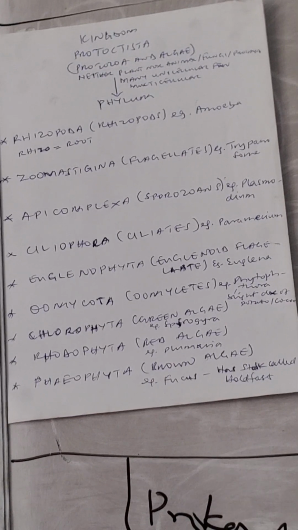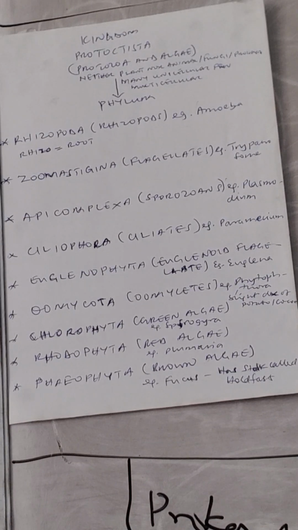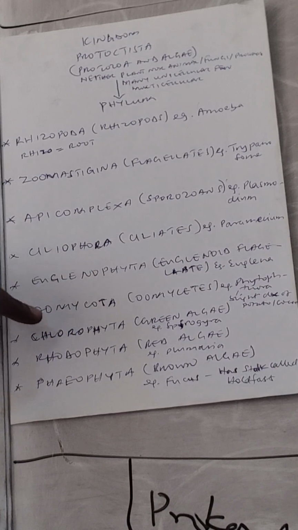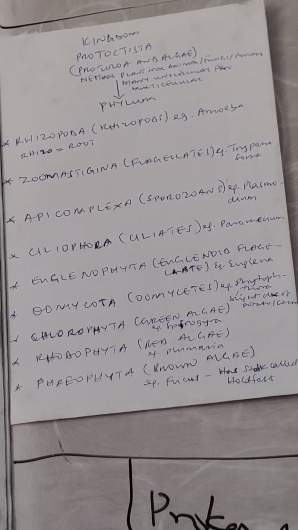So this is the classification. So this is the kingdom Prototista, okay? So we have the Rhizopoda, Zoomastigena, Apicomplexa, Ciliophora, Euglenophyta, Oomycota, Chlorophyta, Rhodophyta, Phaeophyta, okay?